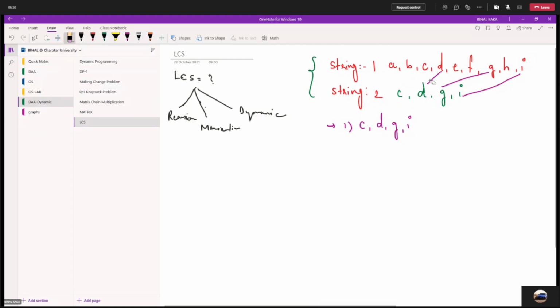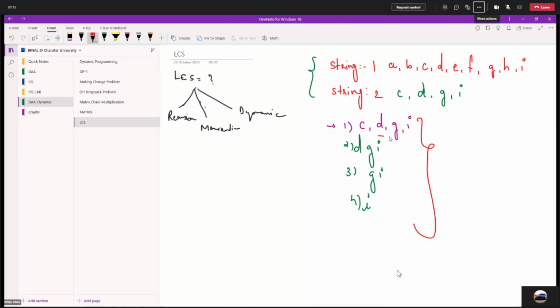Okay. If I start with D, then here it is G, here it is I. So the second possible solution is D, G, I. The third solution is G, I, and the fourth solution is I. Still more solutions are possible, but out of all the possible solutions, which one is longest?